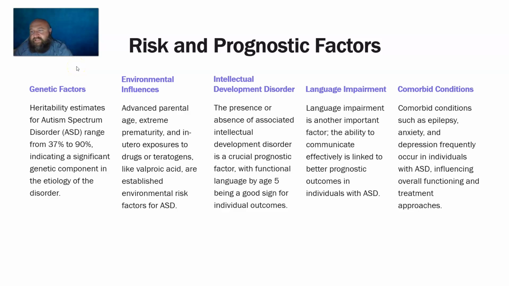Risk and prognostic factors. So, genetic factors. Heritability estimates for ASD range from 37% to 90%. This is straight out of the DSM, indicating a significant genetic component in the etiology of the disorder. Etiology, for those who don't know, is an important term to know. It means the cause, and it's usually used in reference to a disorder or a disease. So again, that's a big range, 37% to 90%.